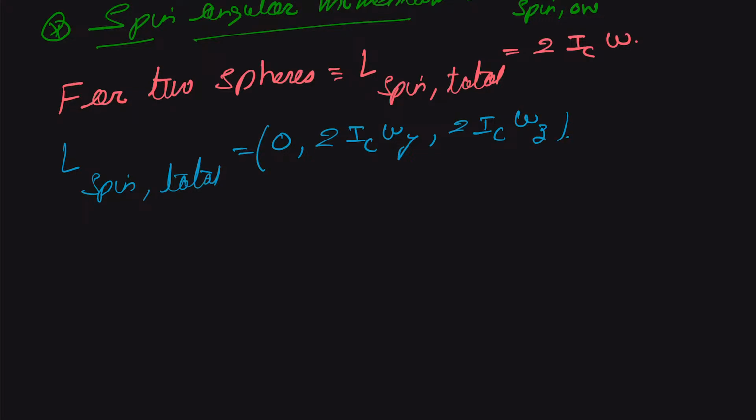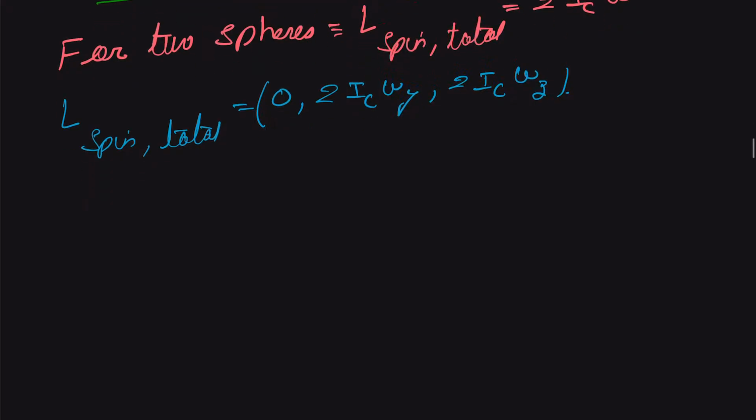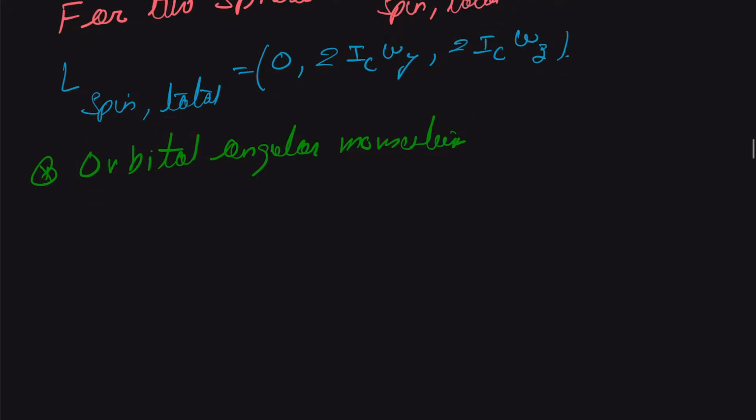Now we find the orbital angular momentum. For that we know that our linear speed v will be equal to omega cross r.